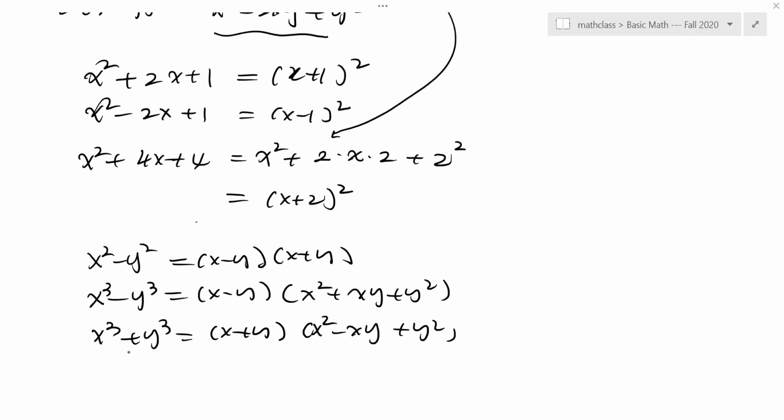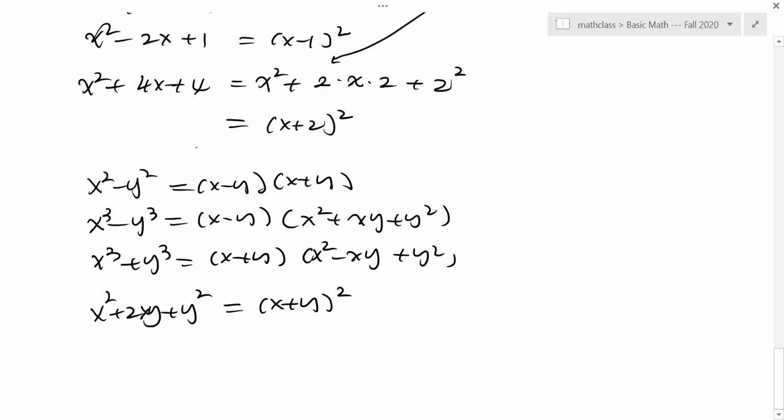Now I have a new formula right here. x squared plus 2xy plus y squared is x plus y squared. If I change the sign, I get x minus y squared. Okay, so those are the formulas we should know.